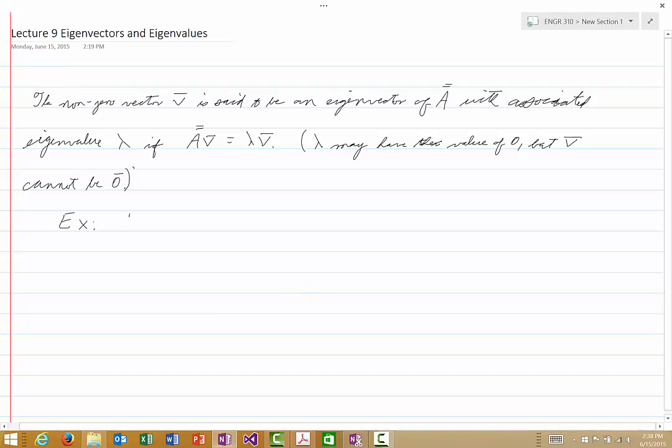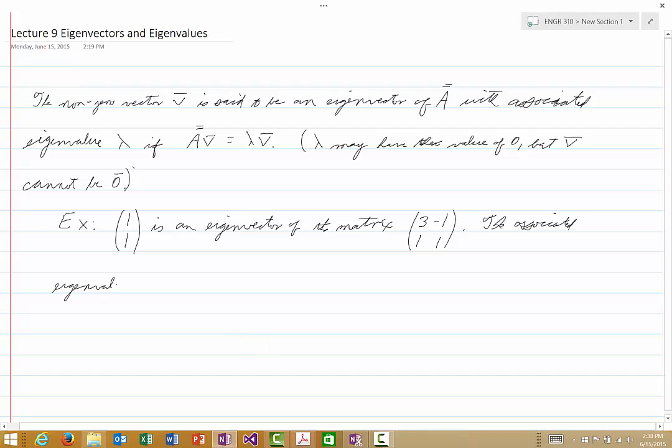The vector 1, 1 is an eigenvector of the matrix 3, -1, 1, 1. The associated eigenvalue is 2.